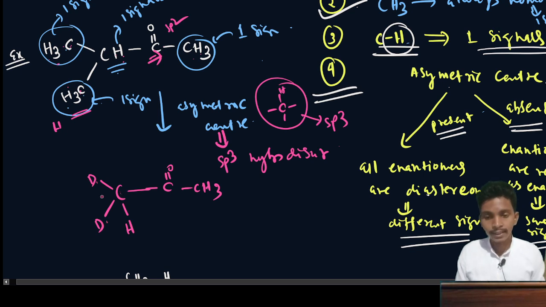Here the same thing is present, so it can't be a chiral center. So without any modifications, a chiral center is not present.